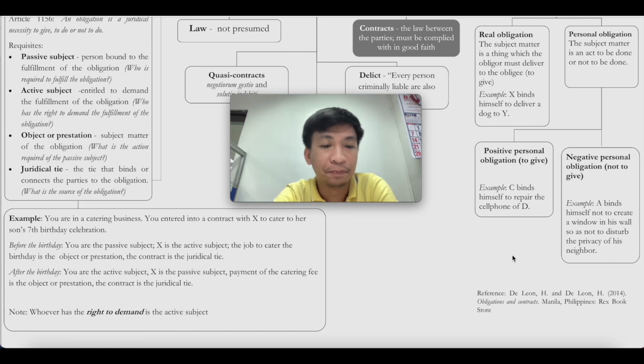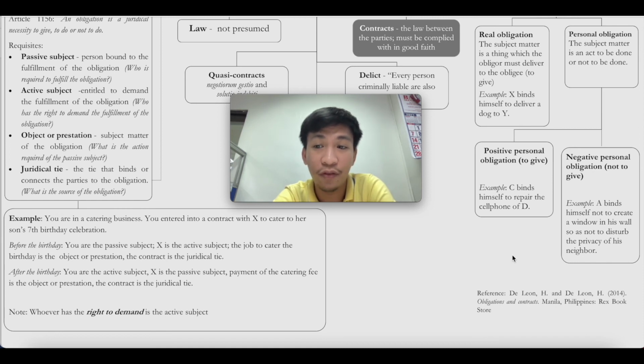Now, the object or prestation or the subject matter here is to cater the birthday of X's child. So that is an obligation to do, right? Since it is an obligation to do, it is what we call a personal obligation.